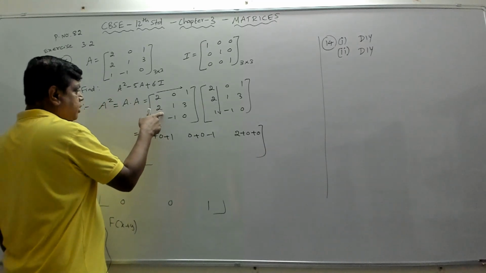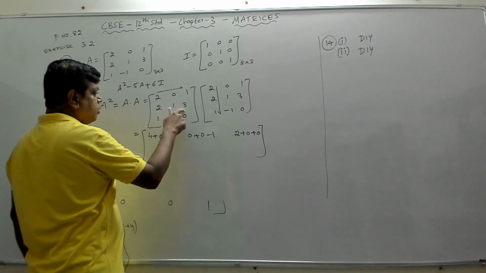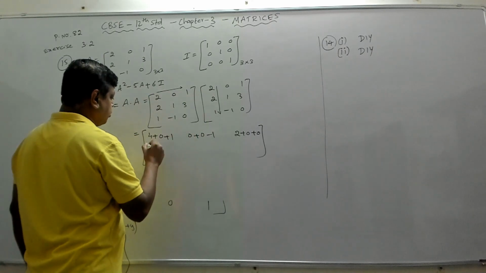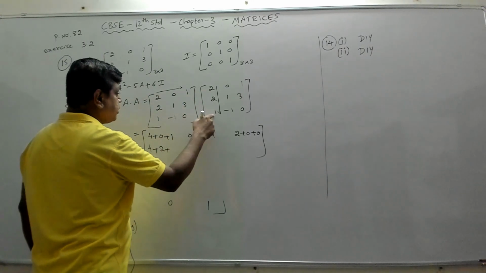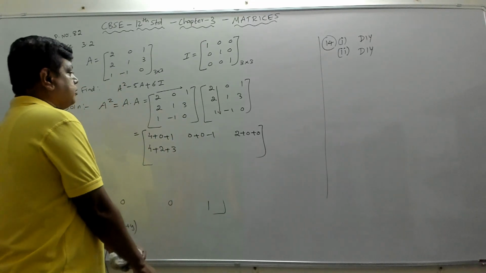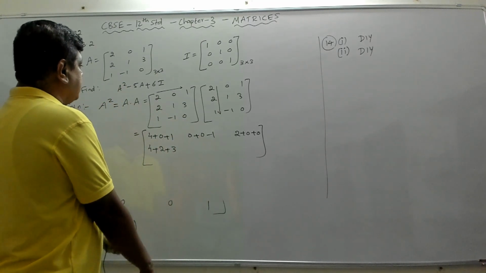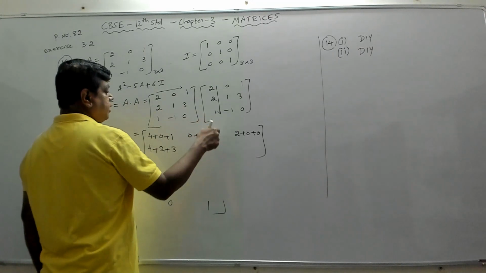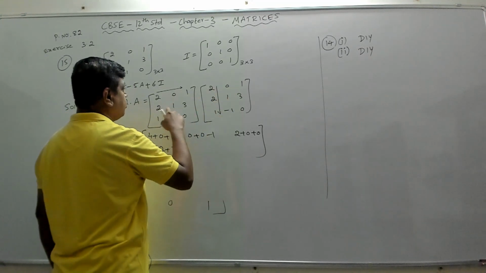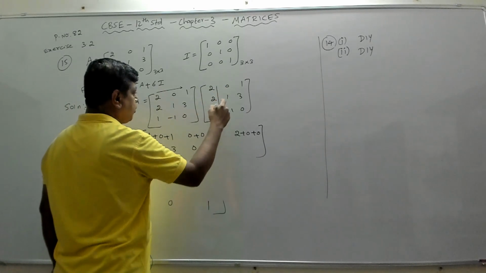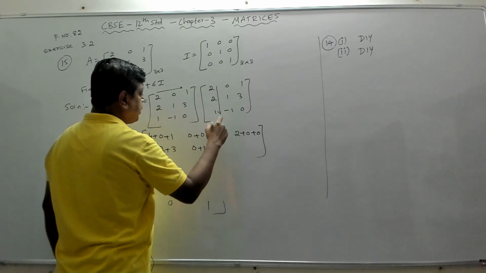Now we have to go to the second row for this. So it will be second row with the first column. So 2 into 2, 4, plus 1 into 2 is 2, plus 1 into 3 is 3. Fine. Now second element of the second row, which will be second row of this with the second column. So 2 into 0, 0, 1 into 1 is 1, 3 into minus 1 is minus 3.